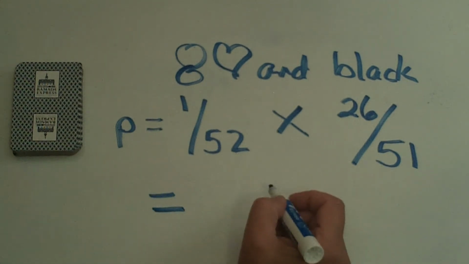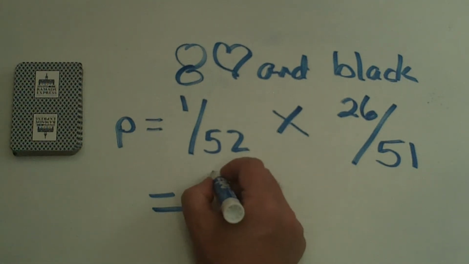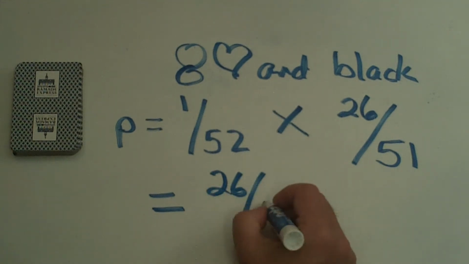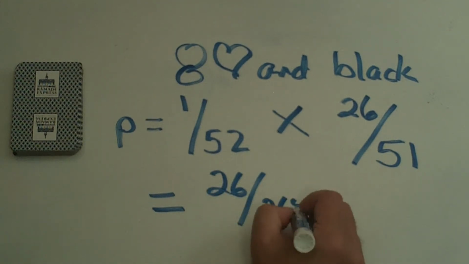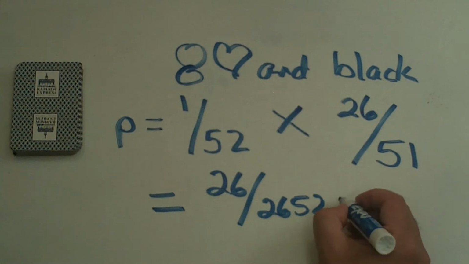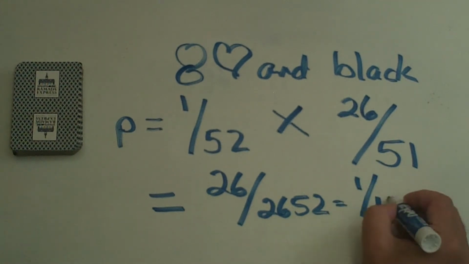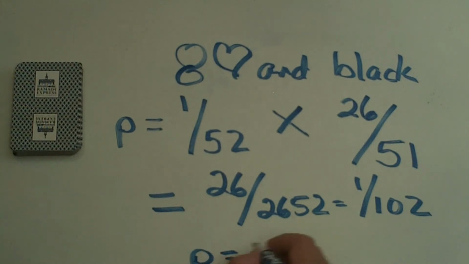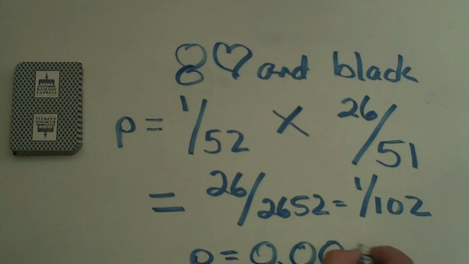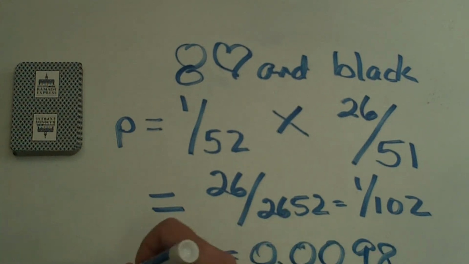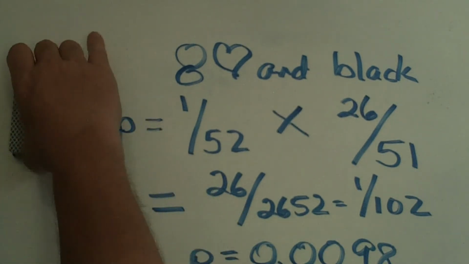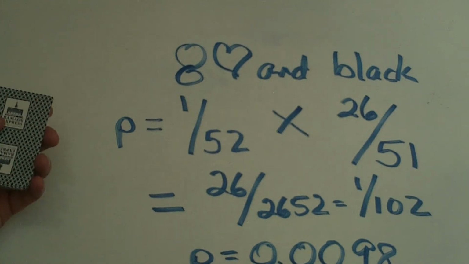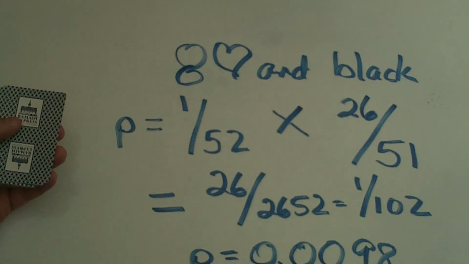I solve this equation, and that would be 26 divided by 2652, or that would reduce to 1 divided by 102. Probability of that would be 0.0098. So a pretty remote probability that I'm going to take a deck of cards and first draw an 8 of hearts, and then a black card.